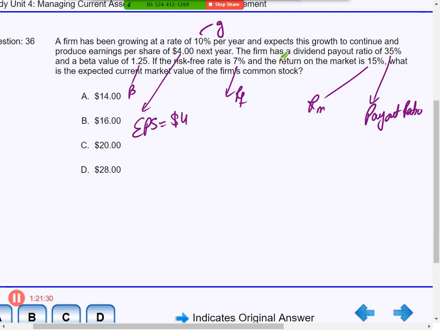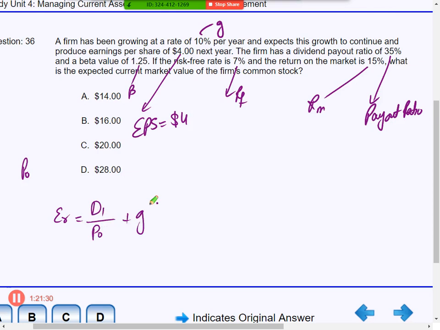Amazing. It's not a single step question. We have been given a plethora of various values and we haven't yet decided what to do with these numbers, where to start from. We need the current market price. For current market price, we have only studied the Gordon growth model. And the Gordon growth model, if you remember, says that expected return on the market is equal to dividend paid next year upon current market price plus growth.